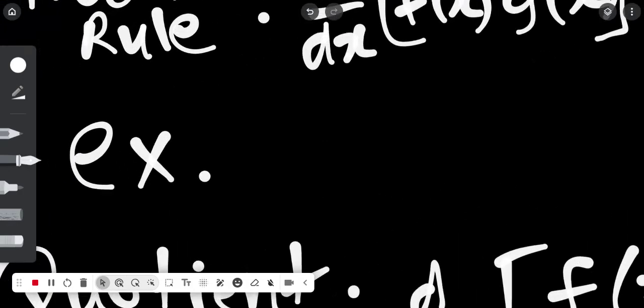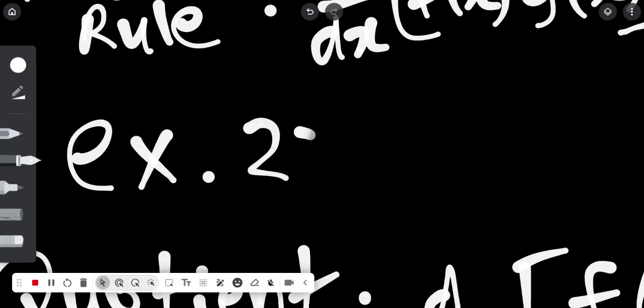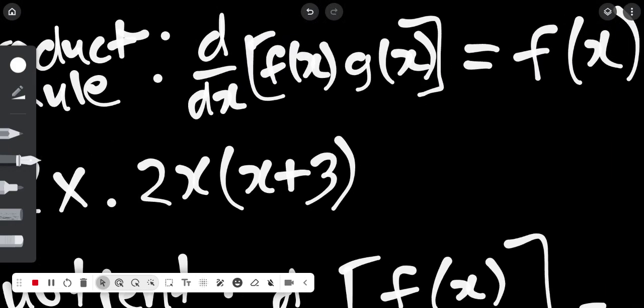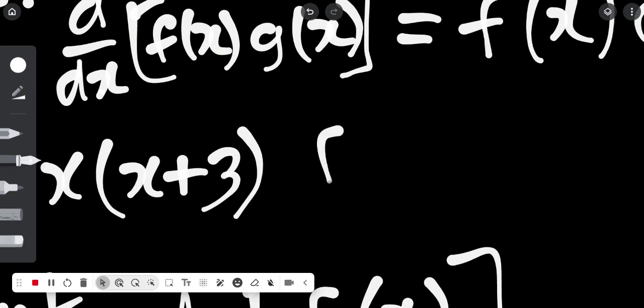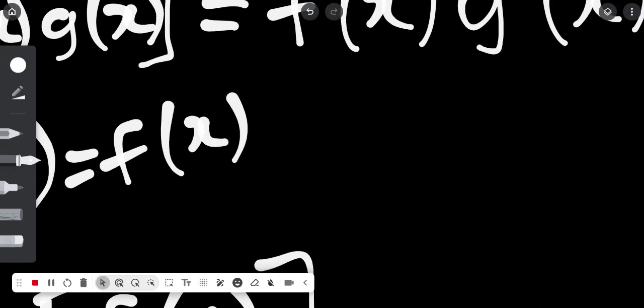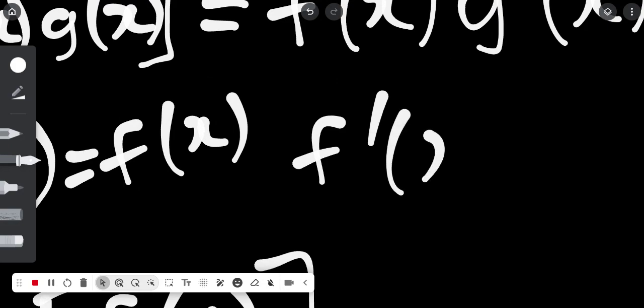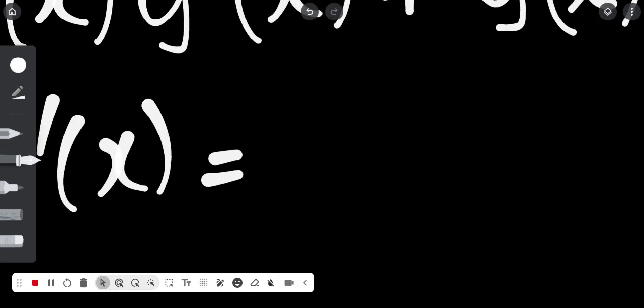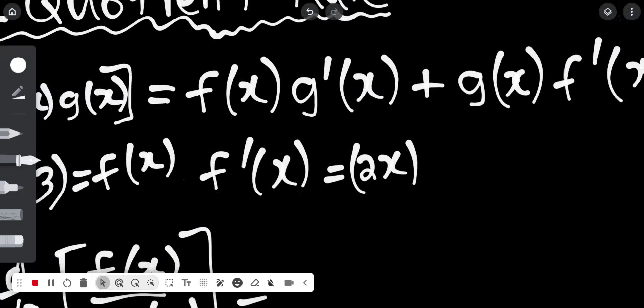So for example, let's do 2x times x plus 3. Obviously, you could just find the derivative by distributing and taking it that way, but we're going to do it the product rule way. So if f of x is equal to this function, f prime of x, which is the derivative, is equal to first, which is 2x, times the derivative of second.